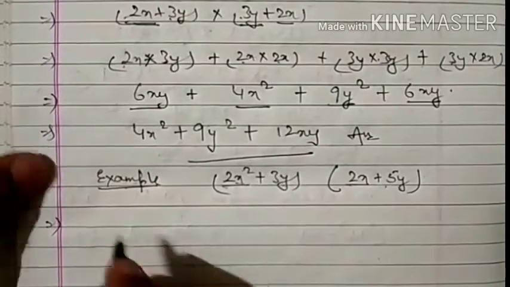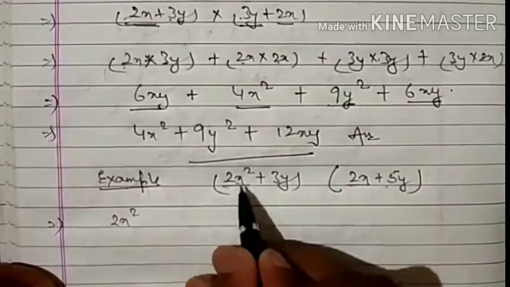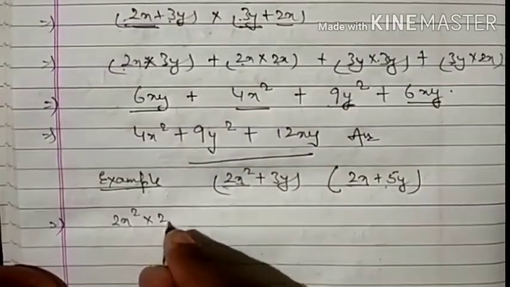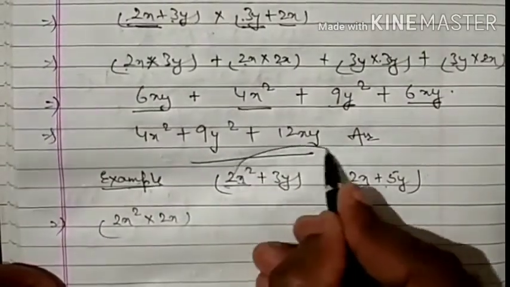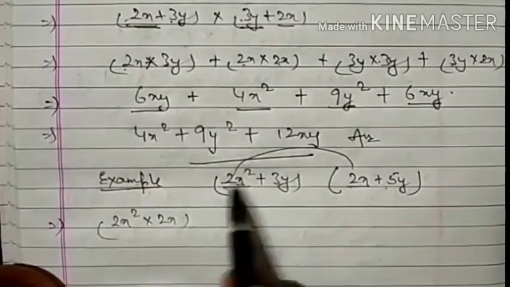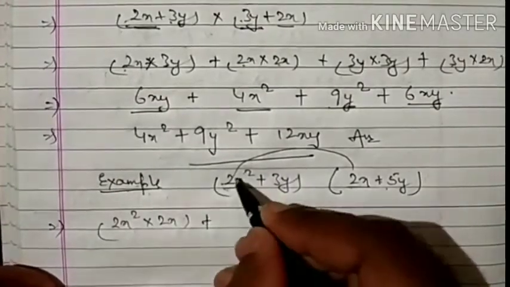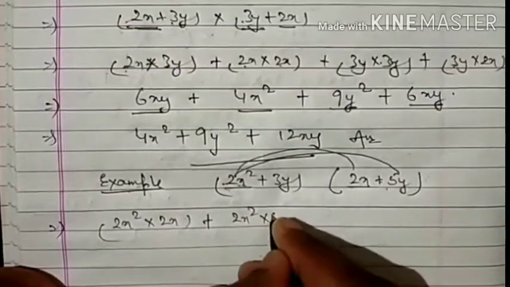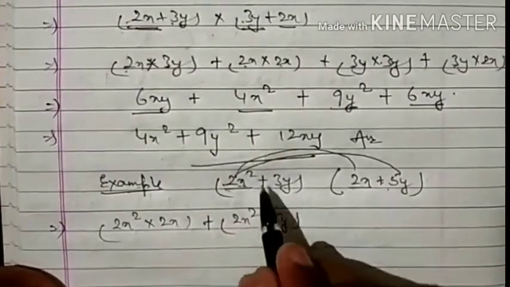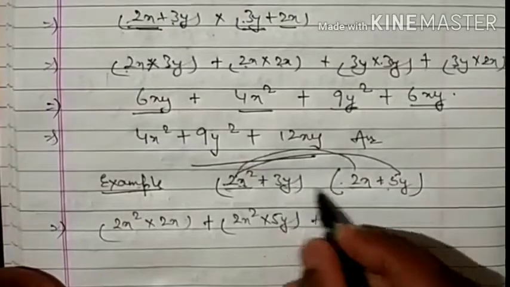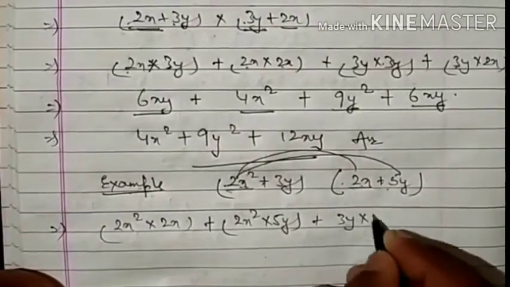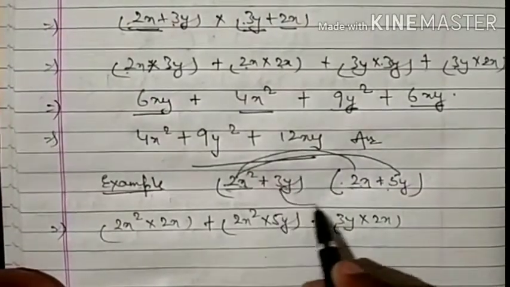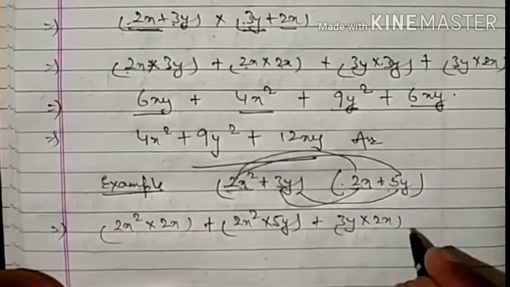So what we do, we write 2x square multiplied to 2x first, then again plus 2x square multiplied to 5y, then plus 3y multiplied to 2x, then 3y multiplied to 5y.